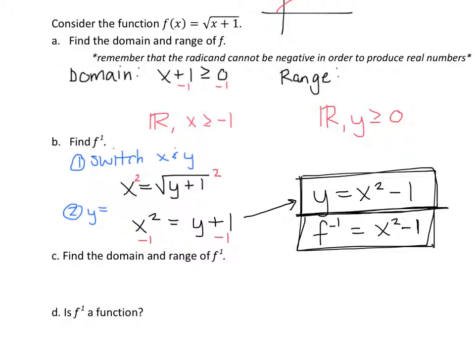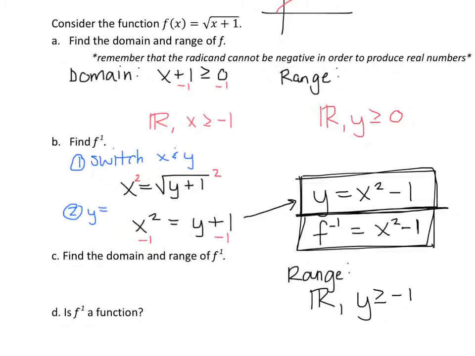Almost done. So for the domain and range of f to the -1, f inverse, you have already figured it out. Okay, the domain of the original becomes the range of the inverse. So range is going to be real numbers, but instead of x is greater than or equal to -1, it's still range, so you write y is greater than or equal to -1.